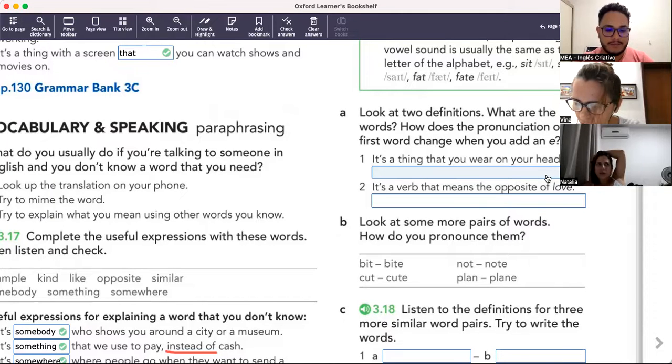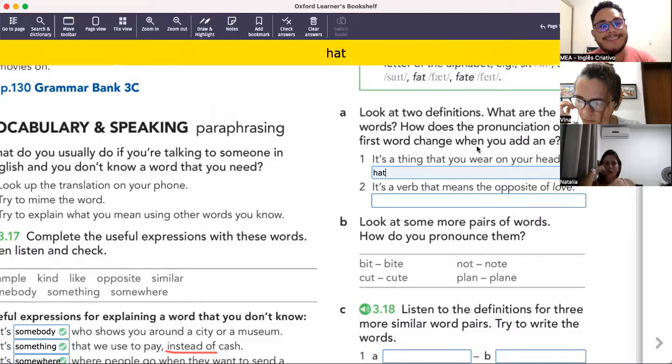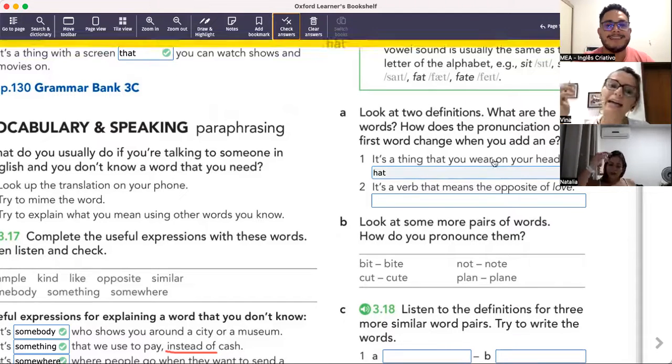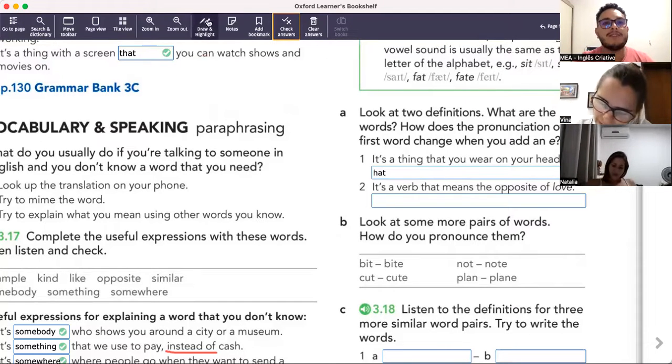Ah, esqueci o nome. É boné? It's kind of a cap, but it's the general name. Hat.